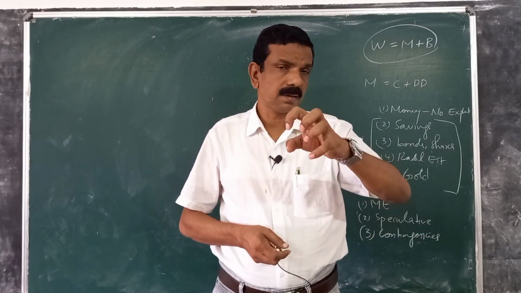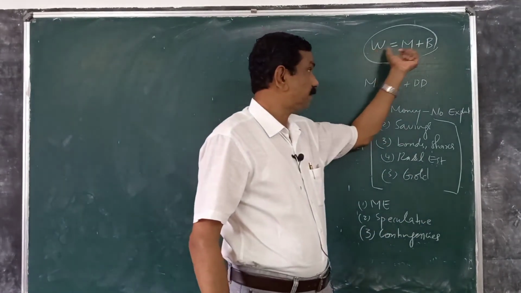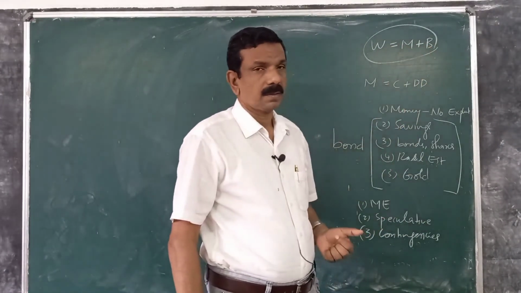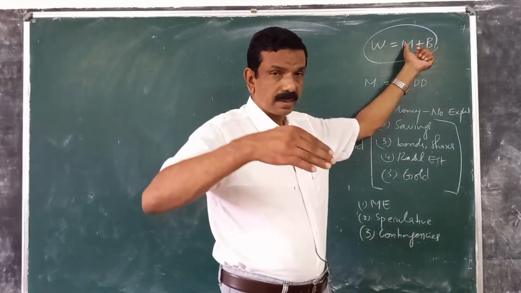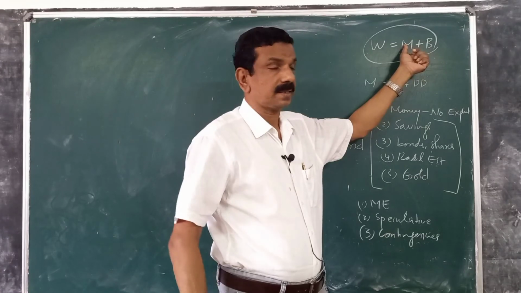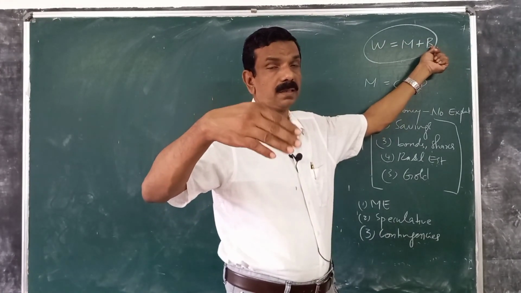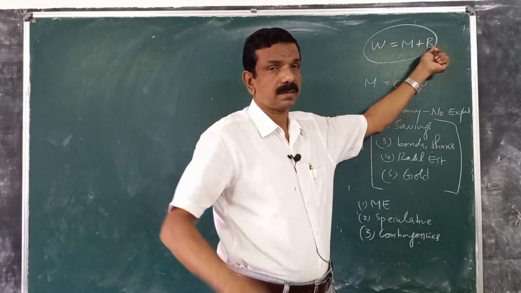And in this theory, remember this, wealth is kept in the form of money and bonds. Money will not earn any interest, but it provides the convenience in transaction. Bond is an interest yielding asset.